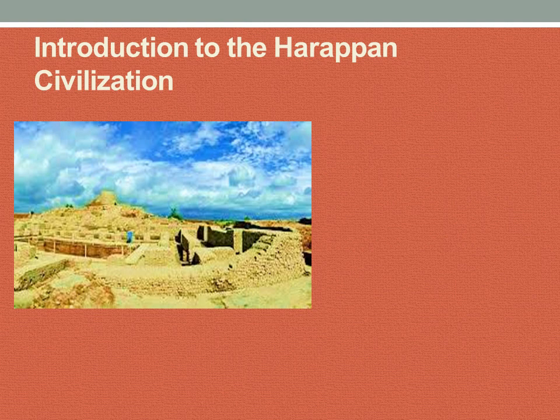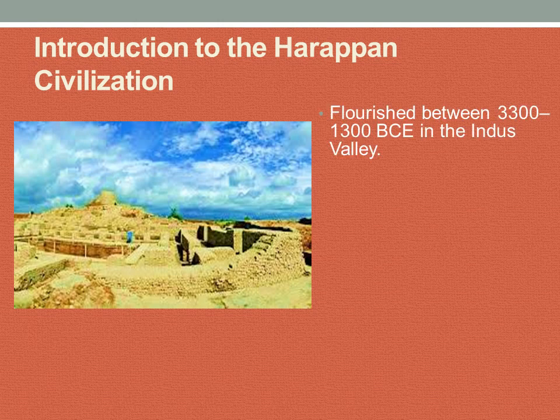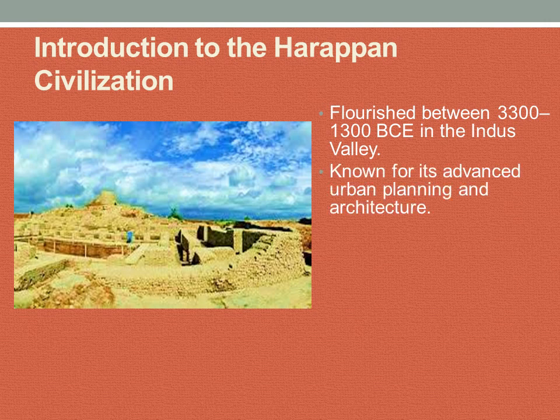So, before we get into details about trade and commerce, let us first recapitulate a brief introduction about Indus Valley Civilization. This civilization flourished between 3300 BC to 1300 BC, approximately more than 2000 years.